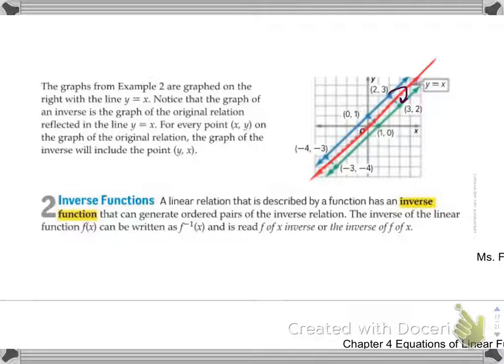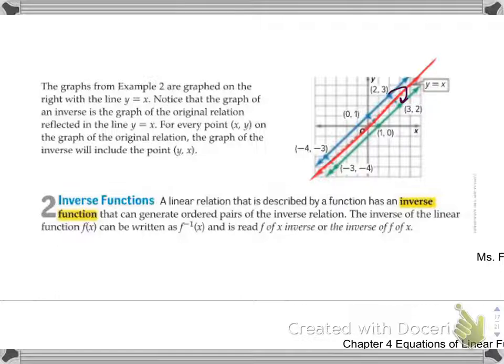So for every point (x, y) on the graph of the original relation, the graph of the inverse will include (y, x). A linear relation that is described as a function has an inverse that can generate ordered pairs of an inverse relation.